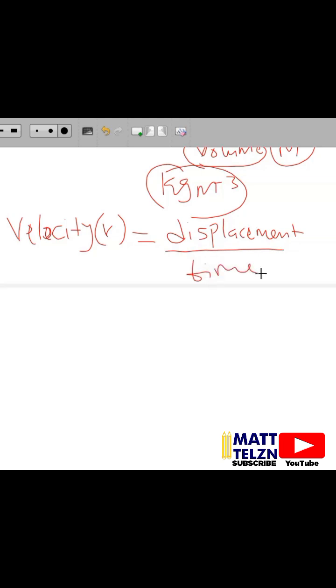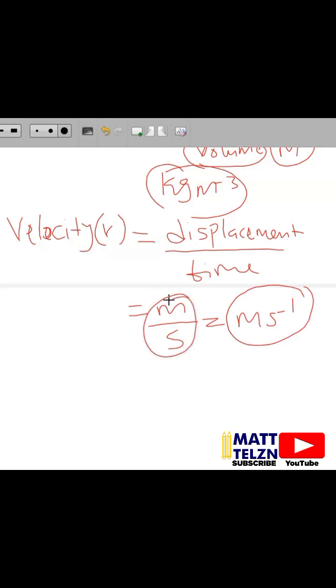Displacement is measured in meters, so we have the unit m over second. The fundamental unit of time is second. So the unit of velocity is meter per second. Are we all together?